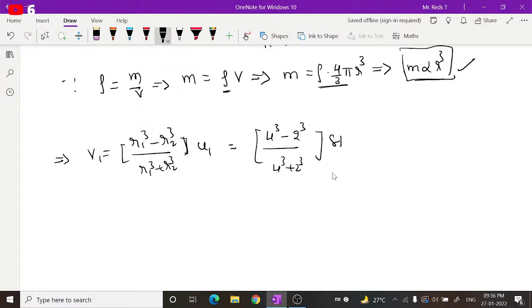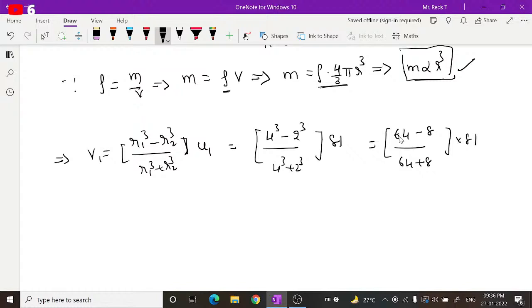Simplify this, everyone. 4 cube is 64 minus 2 cube is 8, over 64 plus 8, into 81.